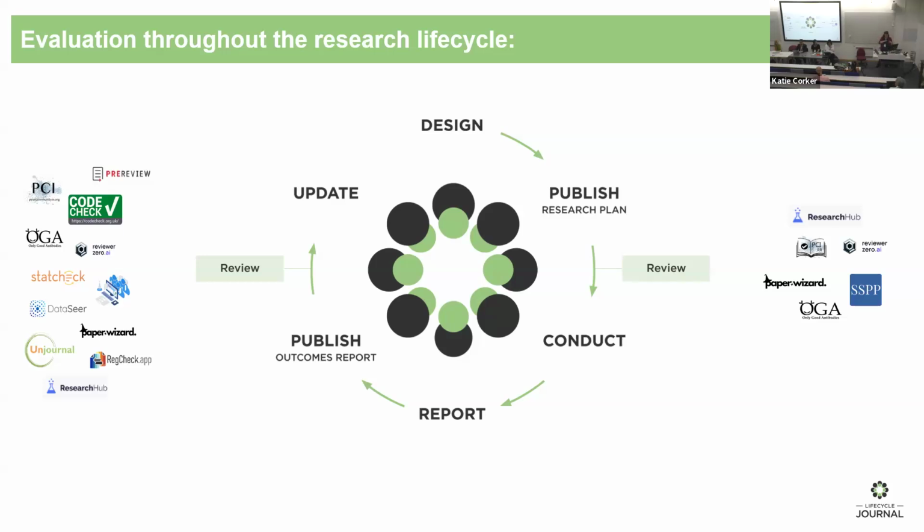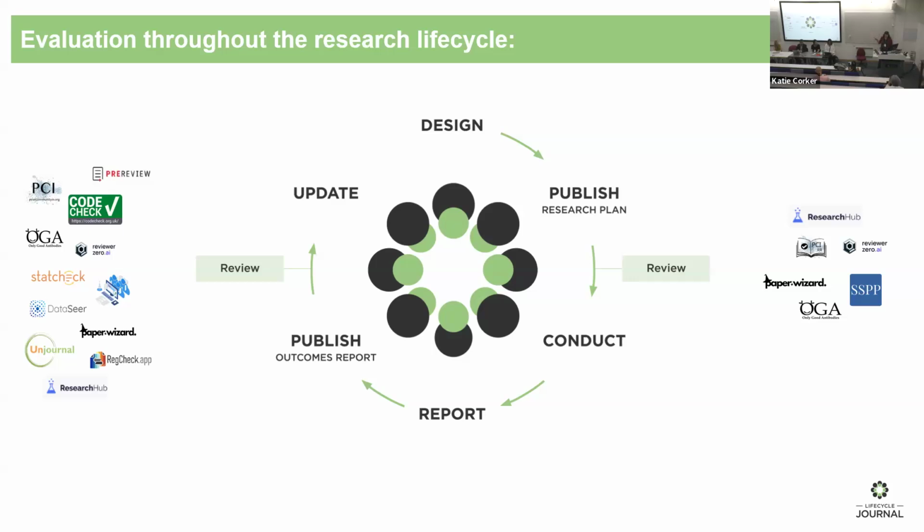Of our evaluation services, we have some that can consider research plans, some that can consider outcomes reports, and some that can consider both. So where you submitted determines which of the evaluation services might look at your work. That's also determined by scientific discipline.